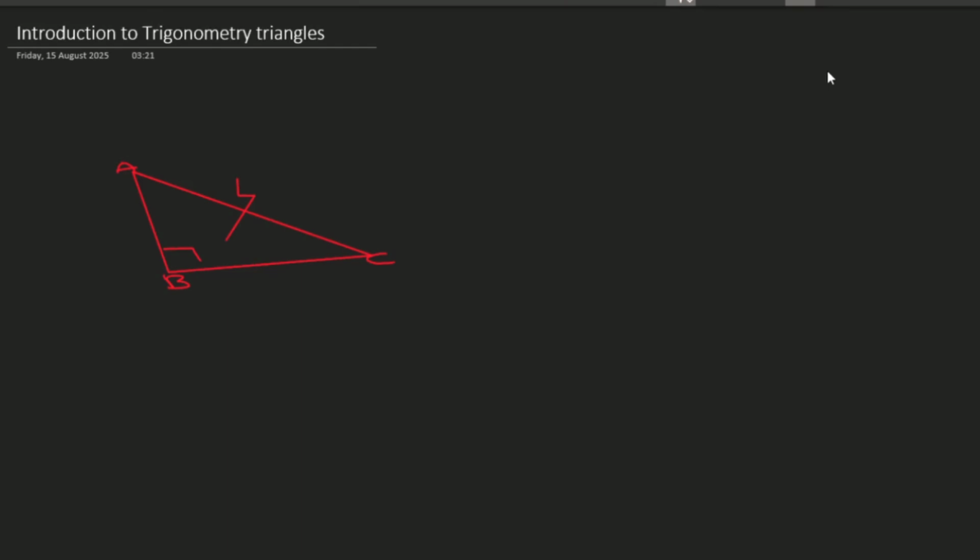Okay. So in triangle ABC, let's say we have angles C and A. So the angles in the triangle, angle A plus angle B plus angle C will always equal 180 degrees.